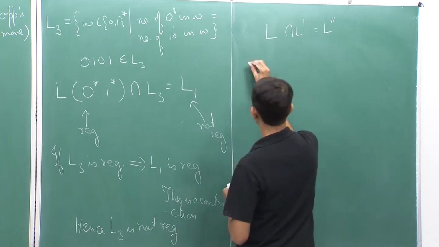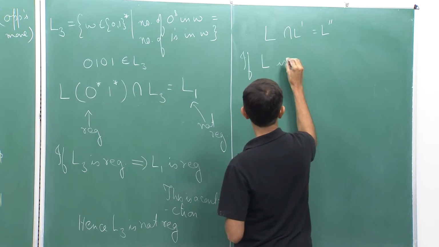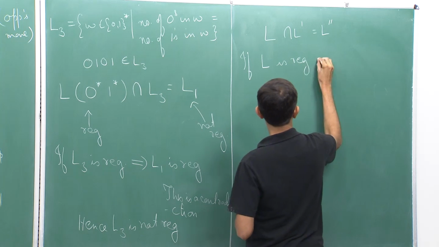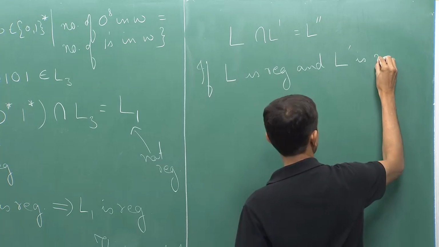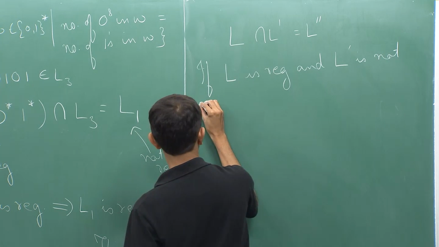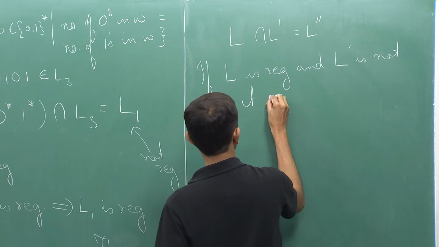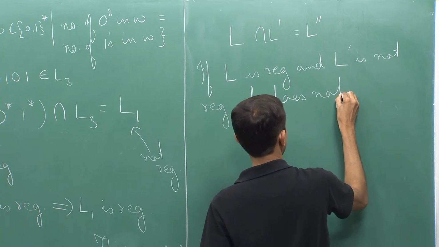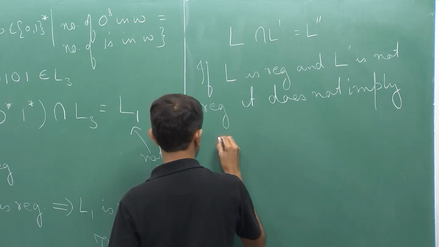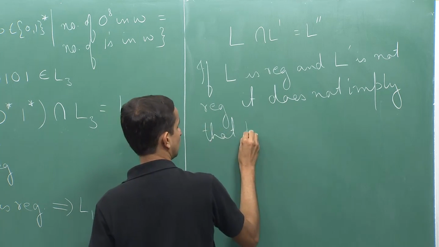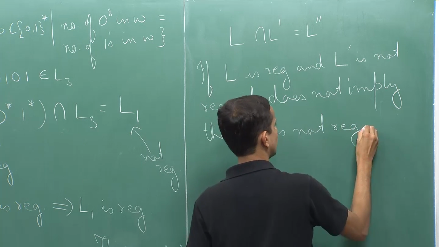If L is regular and L prime is not regular, it does not imply that L double prime is not regular.